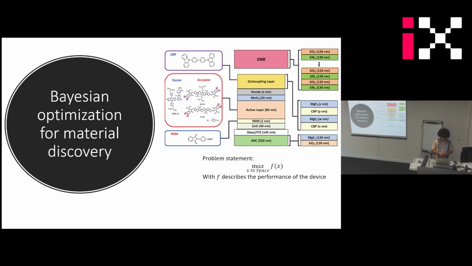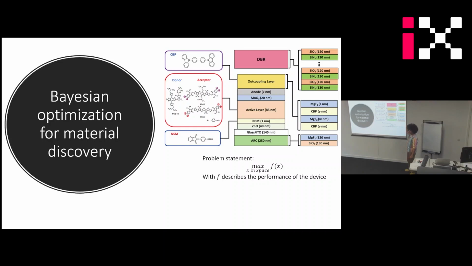So again, I'm coming back to the initial problem statement, where what we're trying to do, for example, is find the right molecules to use for this application and explore this space. It can be a mixture between the type of molecule that you're using and the way you're going to make the film.